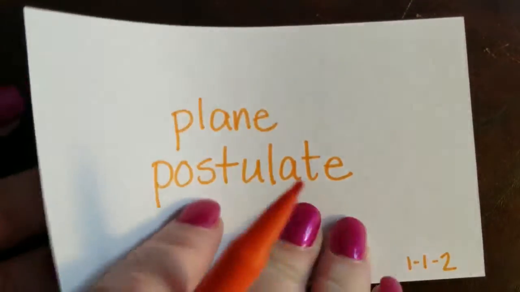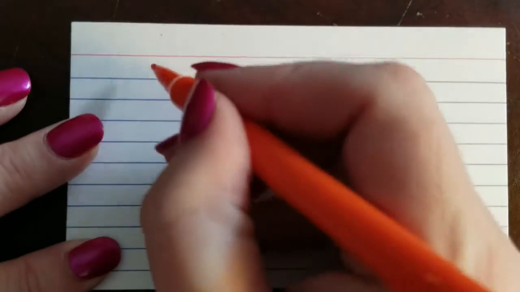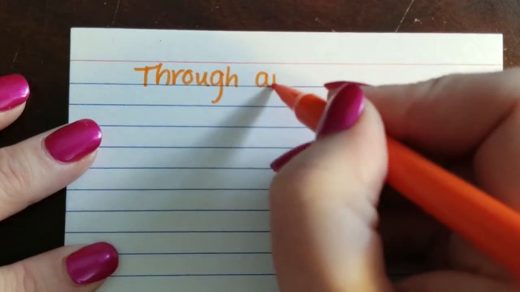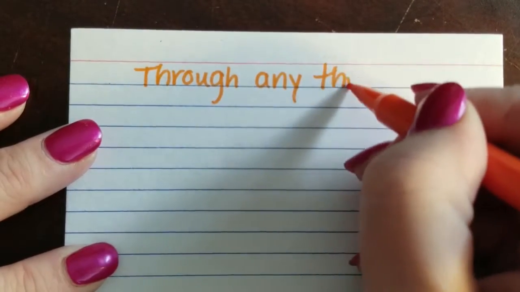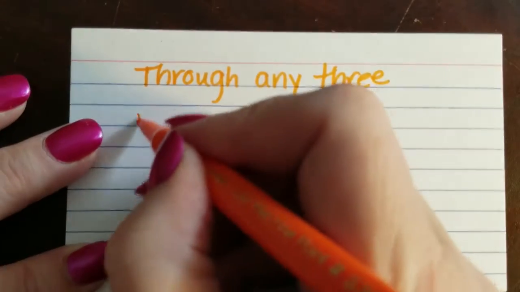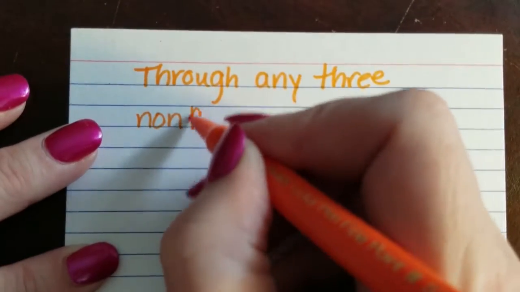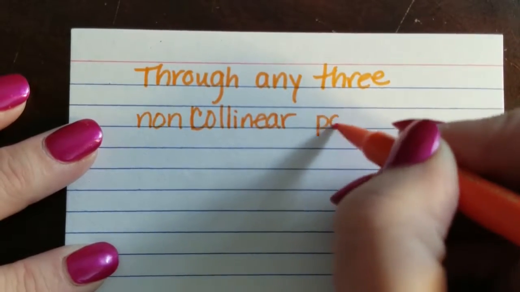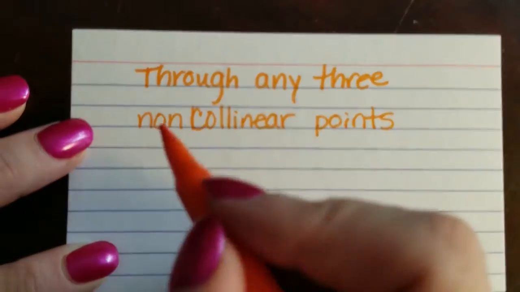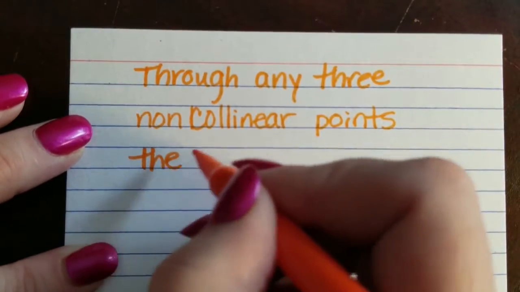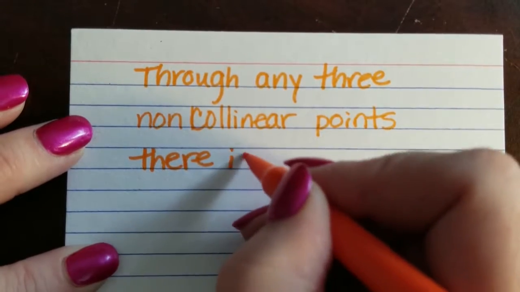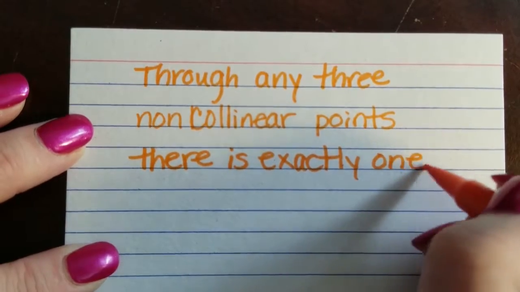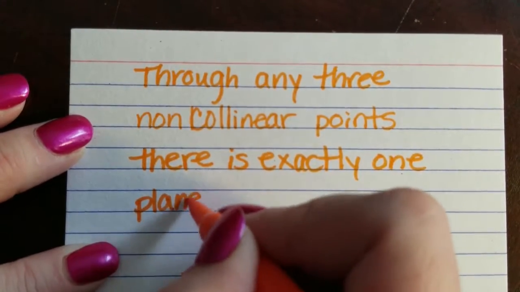Our plane postulate states that through any 3 non-collinear, so these have to be not in the same line, points, there is exactly one plane containing them.